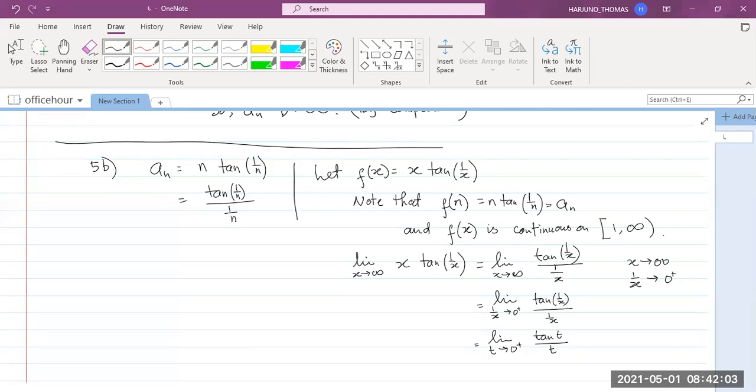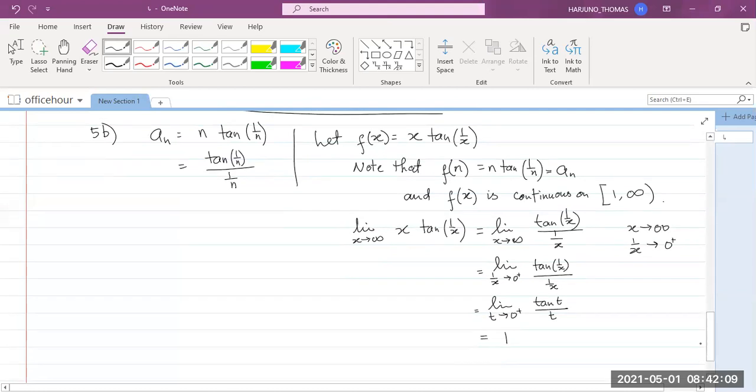Okay, but what is this equal to? That's 1. So by the continuous superposition function, a sub n converges to 1.